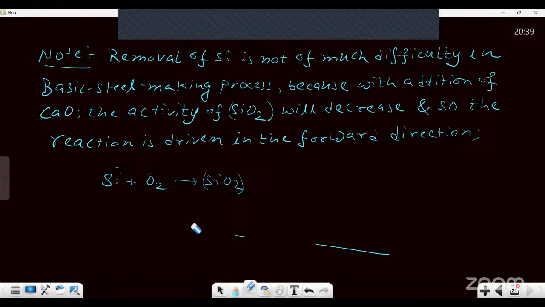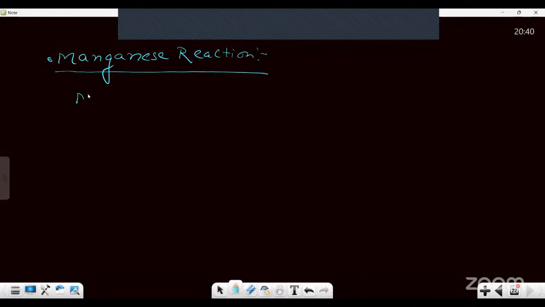Now, let us see the manganese reaction. Now we will talk about the manganese reaction. If I talk about manganese reaction, what does it mean? Mn, manganese in the hot metal, can react with FeO, which is nothing but the iron oxide in the slag.